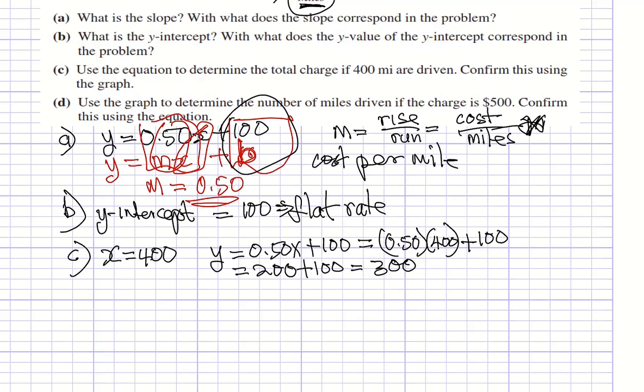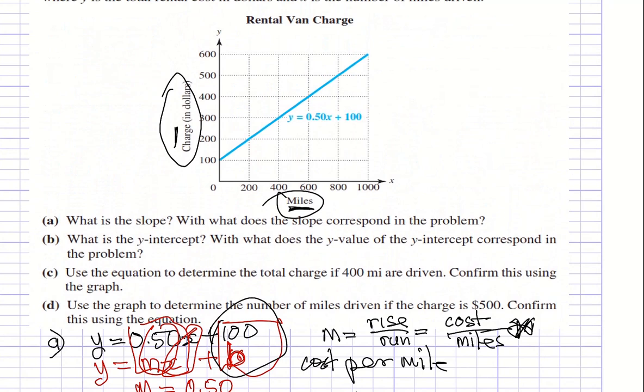I think they want you to first use the equation and then confirm that using the graph. So what are we looking for? x equals 400 is right here. Let me get a red pen.